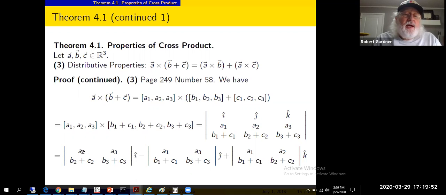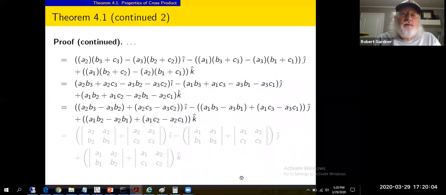So we'll have A2 times (B3 plus C3) minus A3 times (B2 plus C2), and so forth. So here are the components of the others.